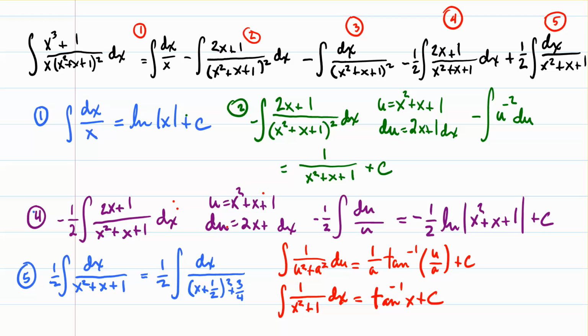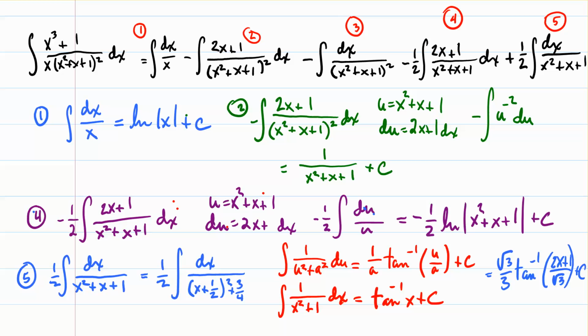And as I've run out of space on this page, I'm going to give the simplified version of this antiderivative. And if you need to, pause the video, work through it yourself, and make sure you can come to the same algebraic destination. And that is square root of 3 over 3, inverse tangent of 2x plus 1 over the square root of 3, then plus c.